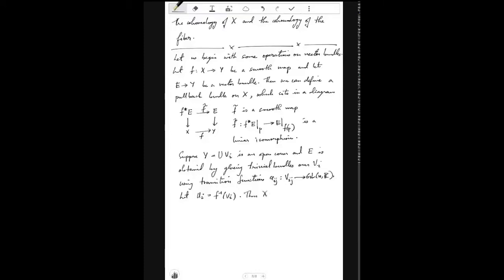Then X is the union of Ui's, and Uij is exactly equal to f inverse Vij.